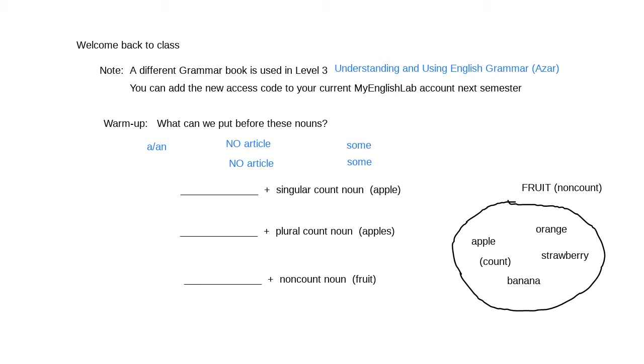Like if I said jewelry, jewelry includes earrings, bracelet, ring, necklace, all of that is jewelry. Fruit is another example. It's a non-count. It includes all different kinds of fruit.